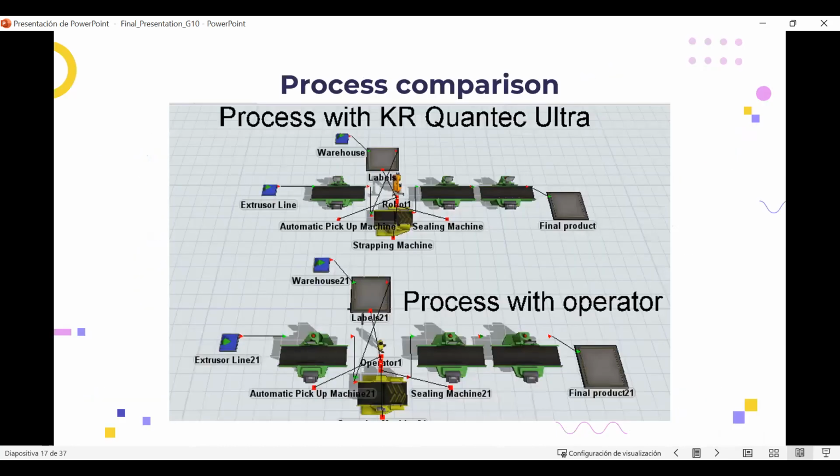Proposal simulation. For our proposal, we need to validate it. For this, it is simulated, comparing it with the current process. The simulation of the process is carried out for 24 hours, in which the following results are obtained.